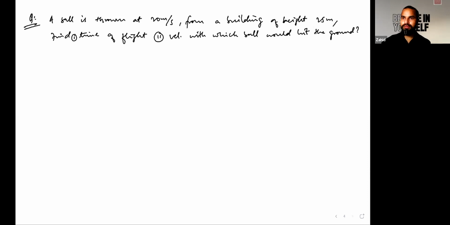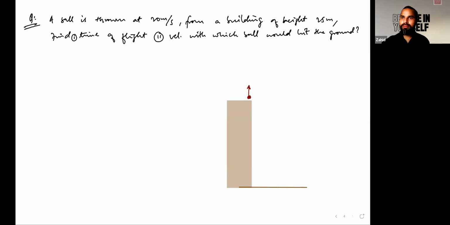I'm giving you some clue regarding this. Let's say we have a building like this. This is your ground. And a ball is thrown from its highest point, from this point, along this direction.